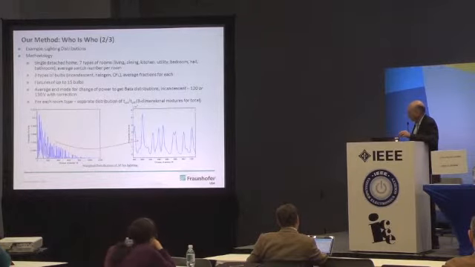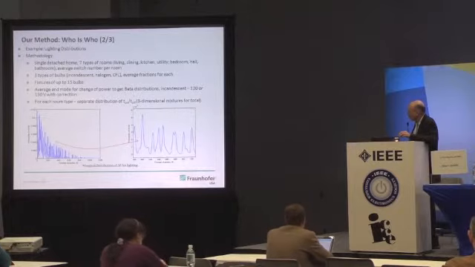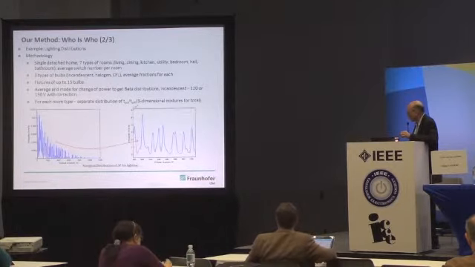So everything is known. For each type of room, we know the distribution of bulb types as of 2013, for example. We know how the number of bulbs in each fixture can be distributed, and so on. So bottom line, we can get that sort of characteristic power draw distribution for lighting.